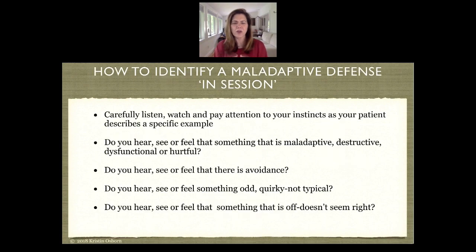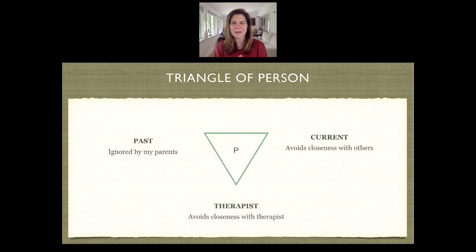So it's always important to be listening, watching, and paying attention even to your own instincts as your patient describes a specific example. And you notice I had a little bit of a Freudian slip there when I said that they were running away from their family, and I really meant to say their feeling.